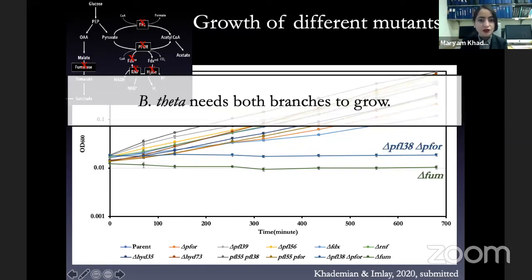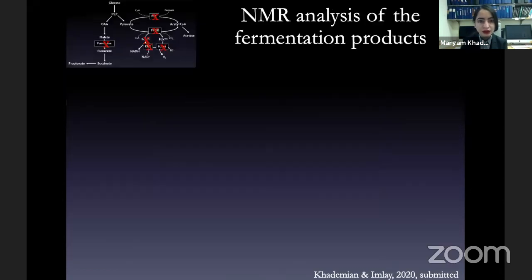So B-theta needs both of these branches to grow. To dig deeper into this, I did an NMR analysis of the fermentation products of these mutants. So I grew these cells, and then I did NMR to find out what are the molecules that each of these mutants secrete out to the media.